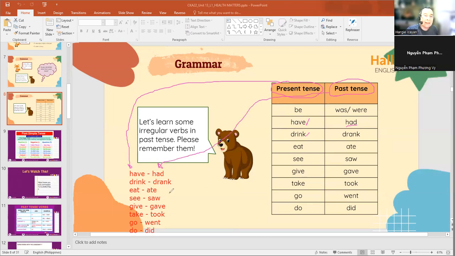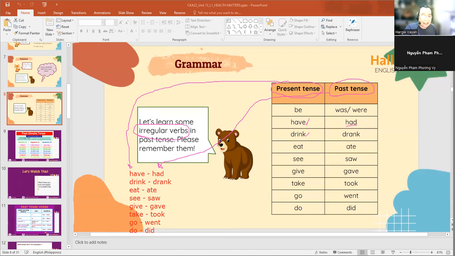Okay? And remember, in changing the present tense to the past form, we need to change the spelling because we call these verbs irregular verbs. Okay, V?